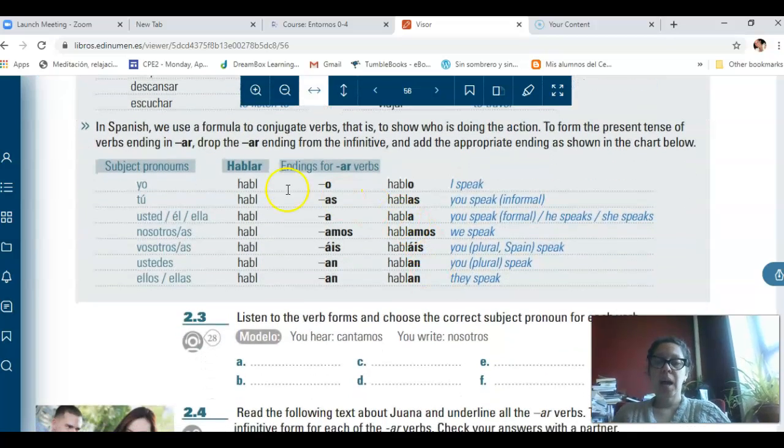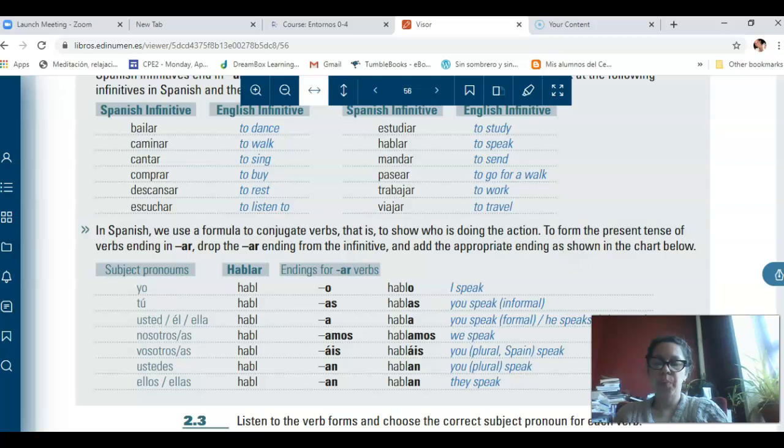And this is basically the explanation on how to conjugate verbs. Okay? So, if you're doing the action the majority of the time, like we'll say 99% of the time, the ending will be O. For example, let's go back to the infinitives here. Bailar. If I'm talking about myself, I'm going to say yo bailo. Caminar, yo camino.